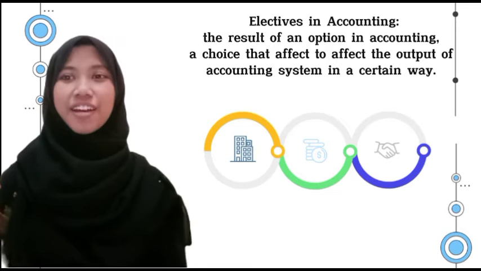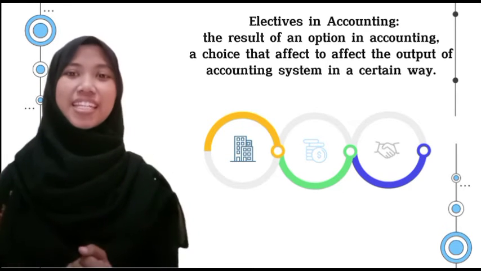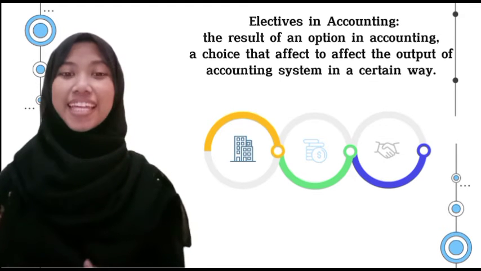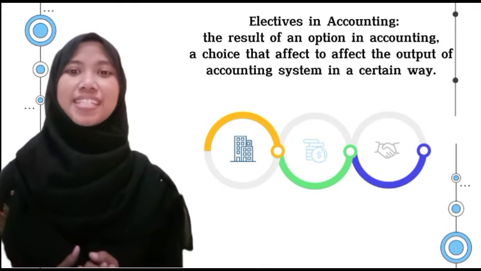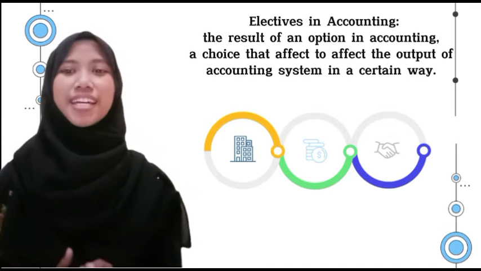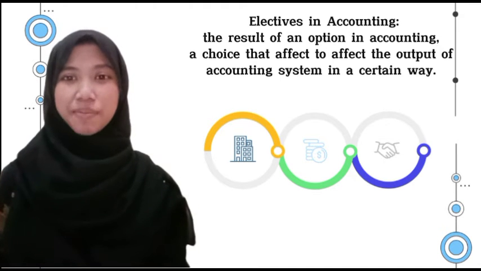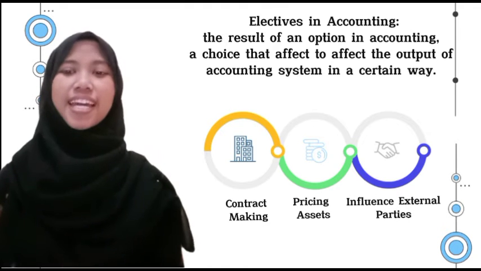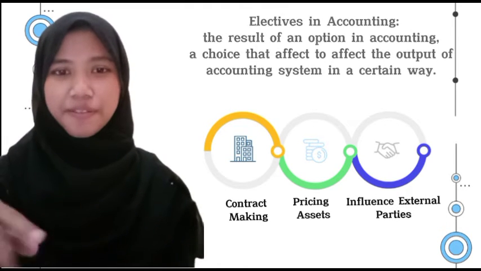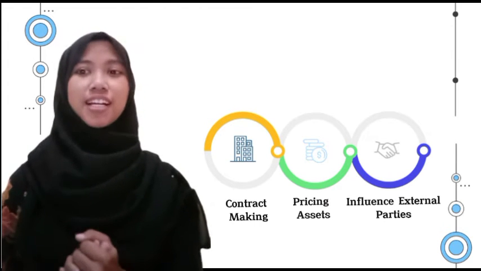It will lead to several choices in accounting, where the choice in question is an option used to influence the output of the accounting system in a certain way. There are three targets in accounting choices: the first is contract making, the second is pricing assets, and the third is influencing the external parties. Okay, let's explain the targets of accounting choices one by one.